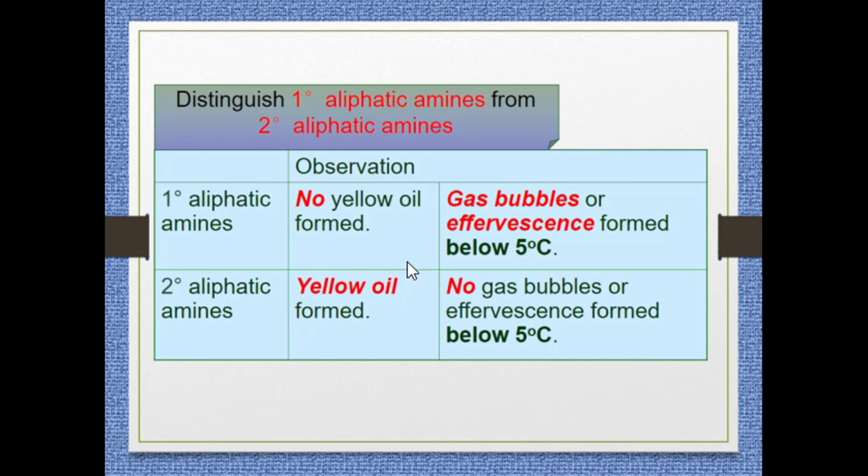If we give the observation in terms of gas bubbles, the primary aliphatic amines show gas bubbles forming below 5 degrees Celsius, whereas secondary aliphatic amines show no gas bubbles forming below 5 degrees Celsius.